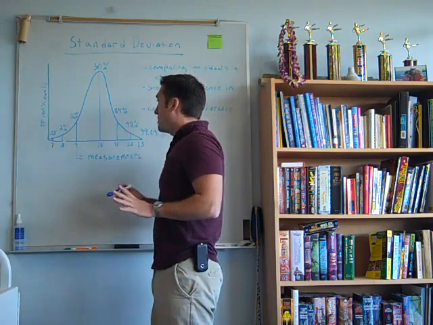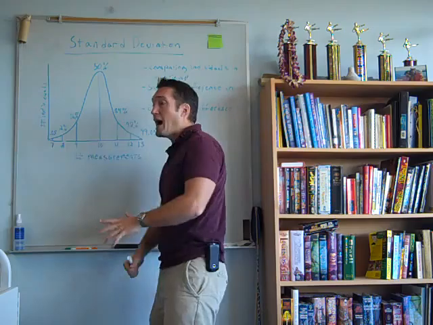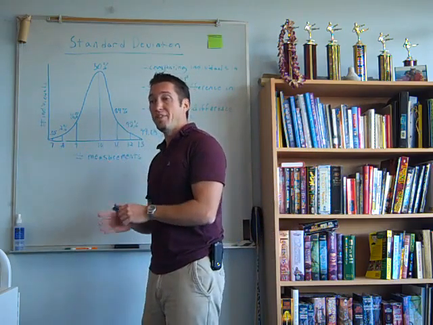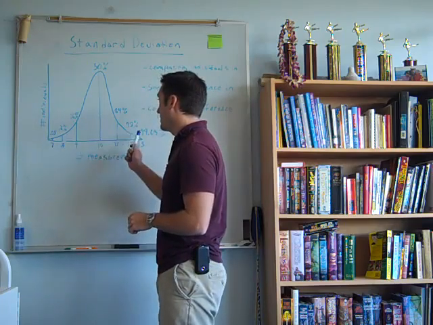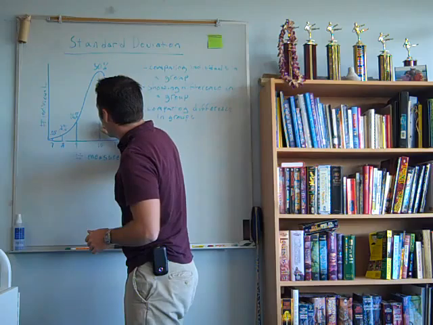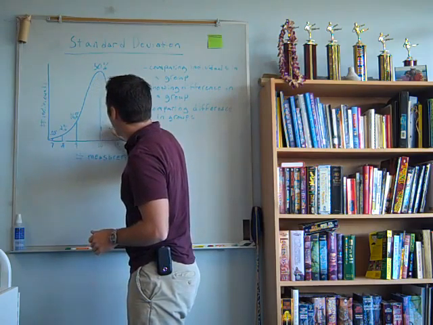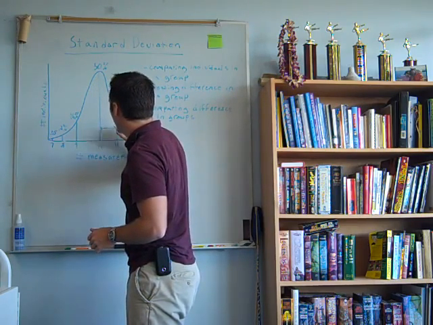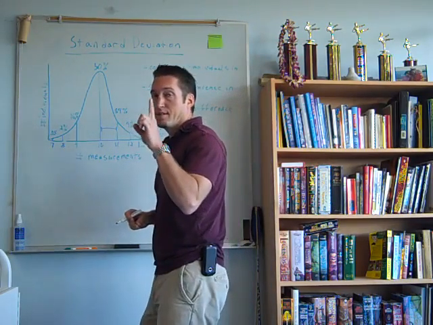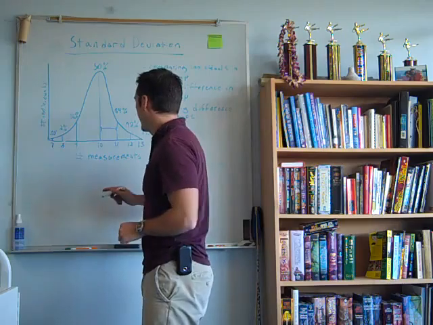Now, if we're going to talk about how different the group is, that's when we can start to figure out what the standard deviation means. If we measure the difference between this line and here, that is 1.